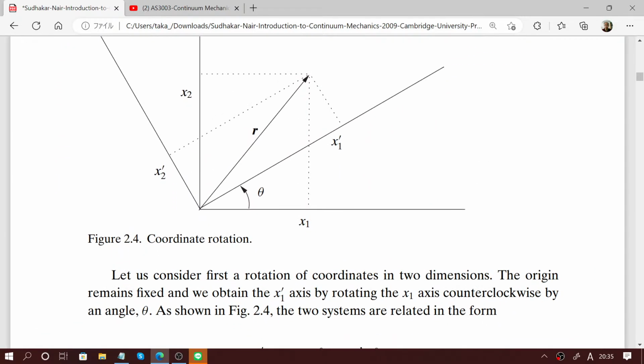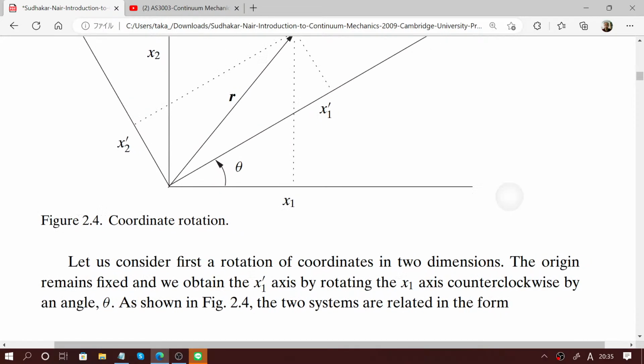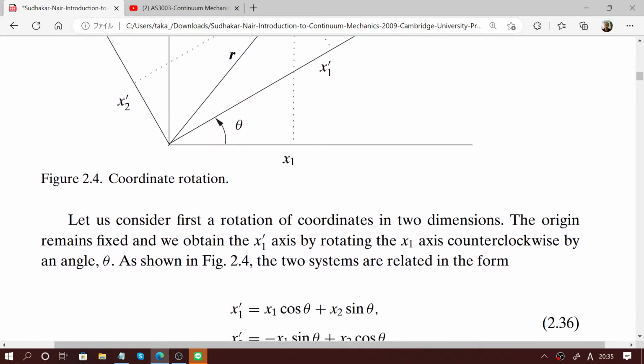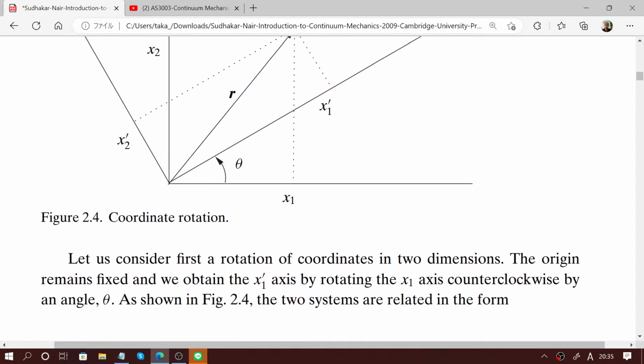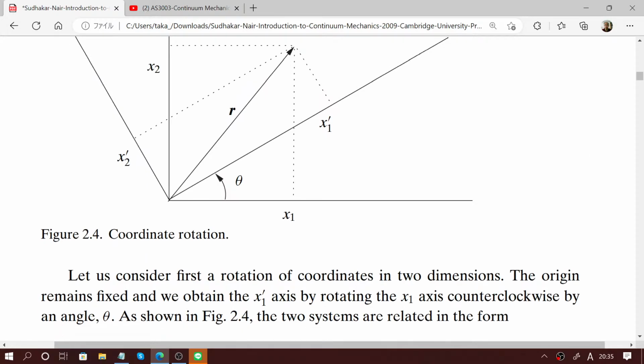Rotation. Coordinate rotation. Let us consider first a rotation of coordinates in two dimensions. The origin remains fixed, and we obtain the x1 prime axis by rotating the x1 axis counterclockwise by an angle theta.